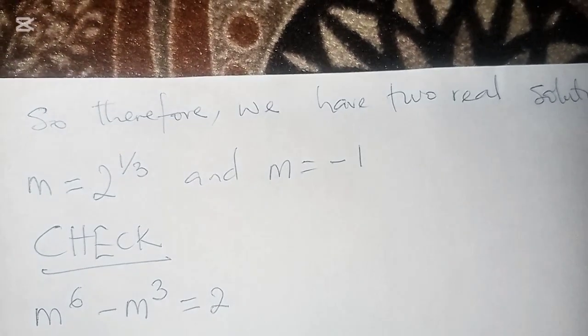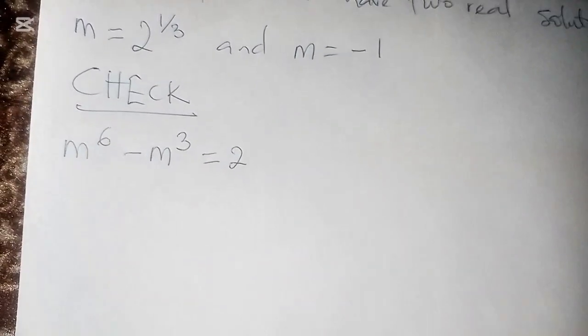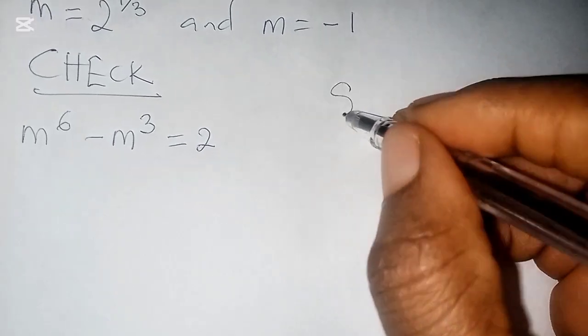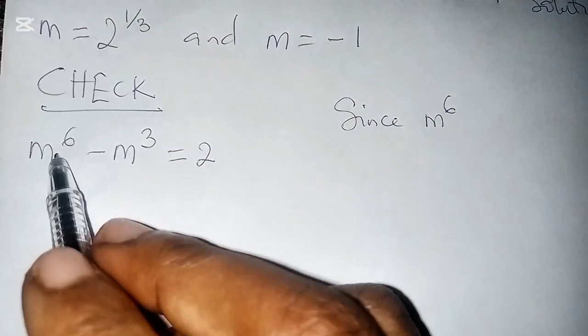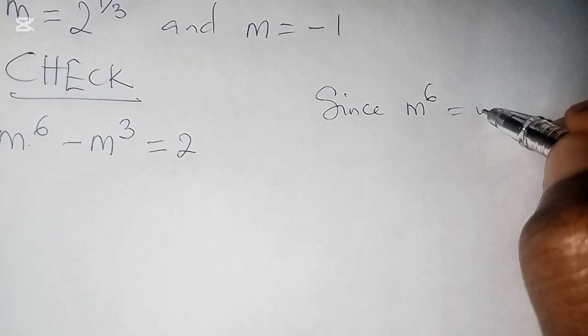And all we want to do now is to check if these solutions satisfy the equation m to the power of 6 minus m to the power of 3 equals 2.